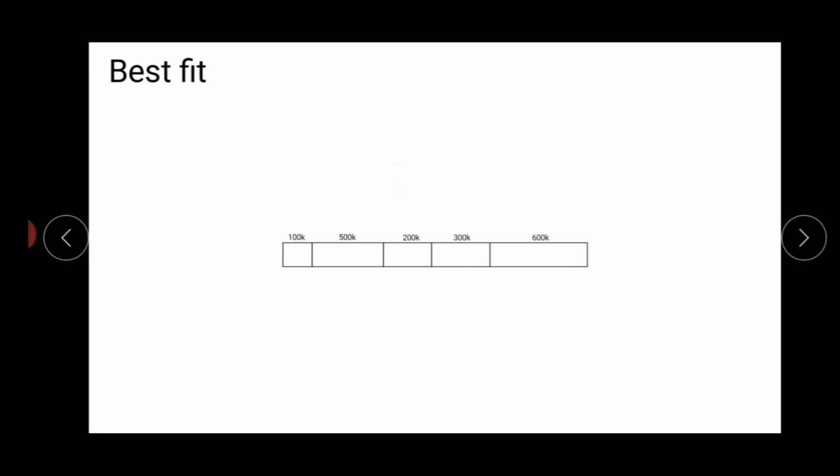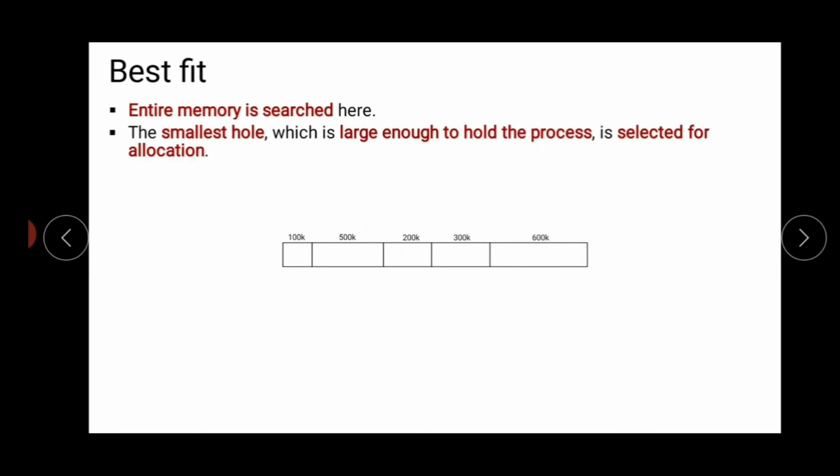So now the next algorithm is best fit. Let us see what will happen in this best fit. In this algorithm, the entire memory is searched first. Then the smallest hole or block which is large enough to hold the process is selected for allocation.